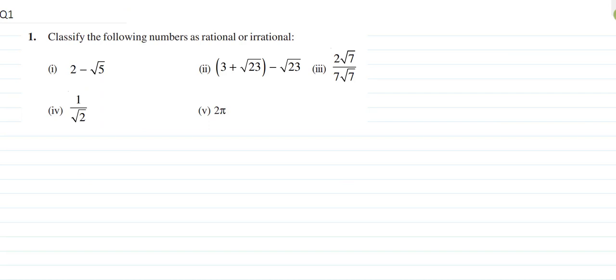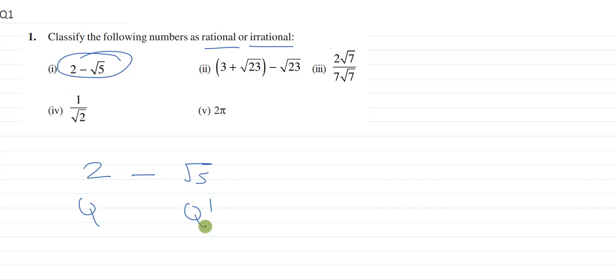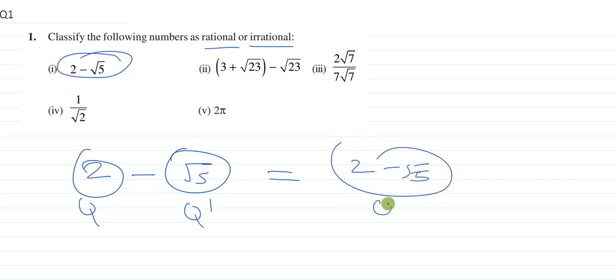Now the first question of exercise 1.5 is: classify the following numbers as rational or irrational. That means we have to say whether these numbers are rational or irrational. Here in the first question, we can see 2 is a rational number, root 5 is an irrational number. We know that a rational number subtracted by an irrational number will be an irrational number. So this is an irrational number.